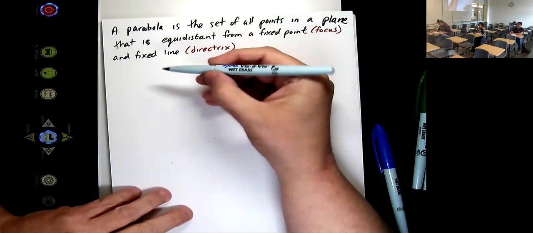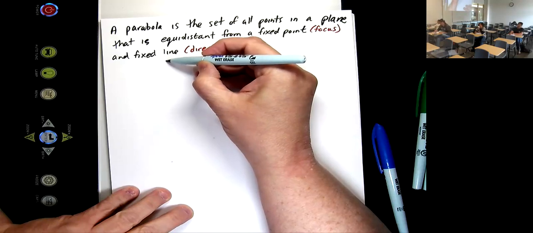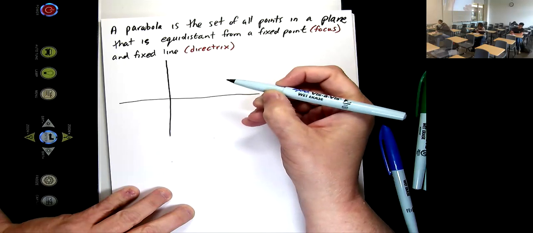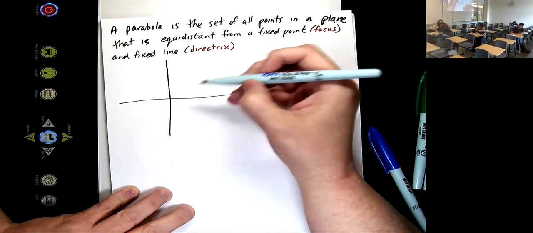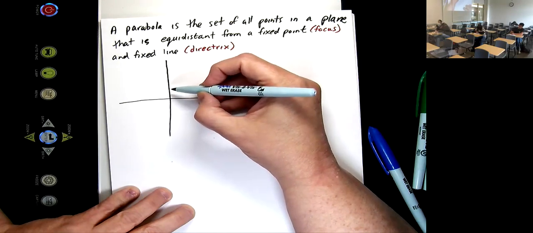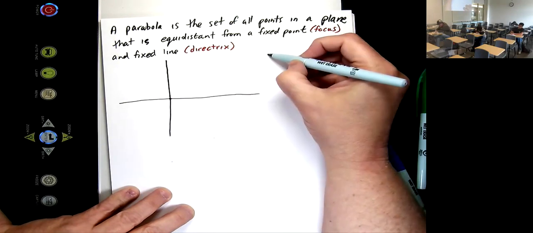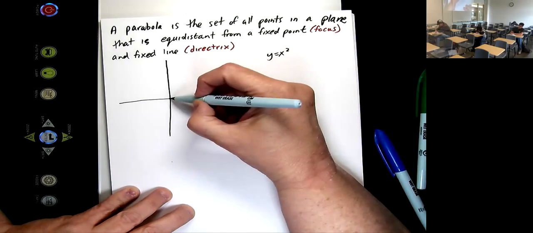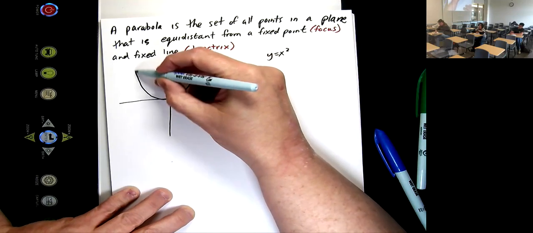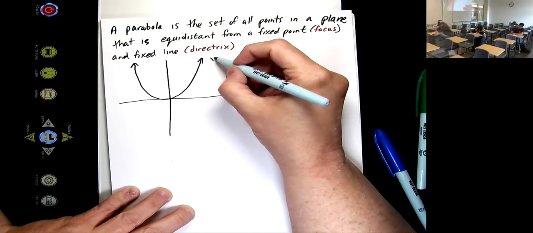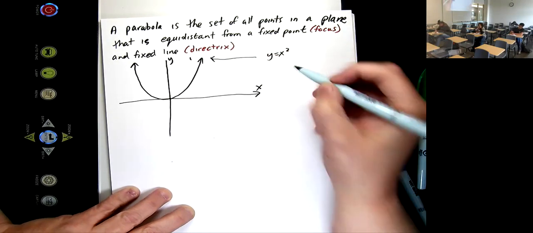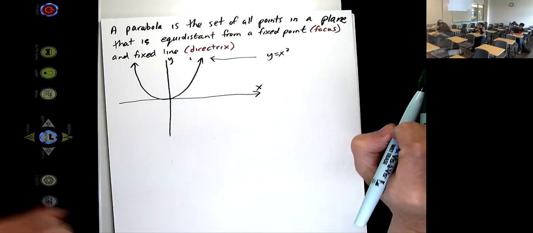So let's just sketch both versions of this. If we have, let's see, just a good old y equals x squared. We have a parabola going up. That is the shittiest parabola whatsoever.